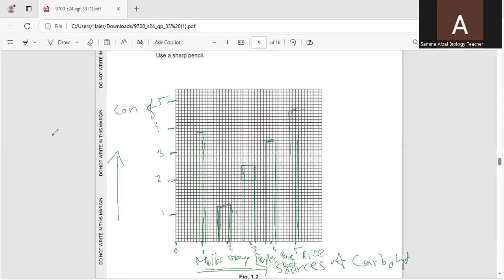I have drawn so many lines, but there should be a very clean drawing. Students, you are perfectionists. I'm not just like that at that time.